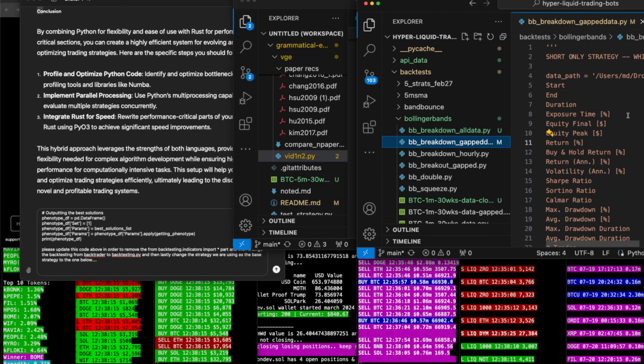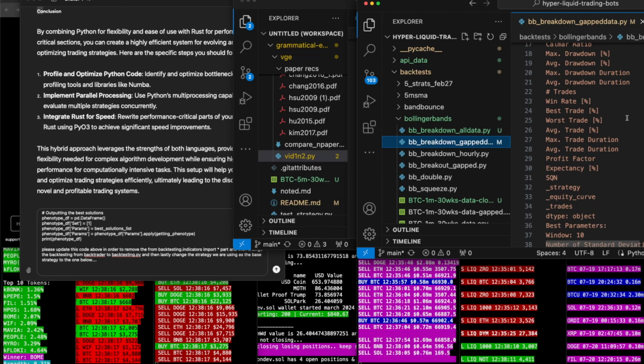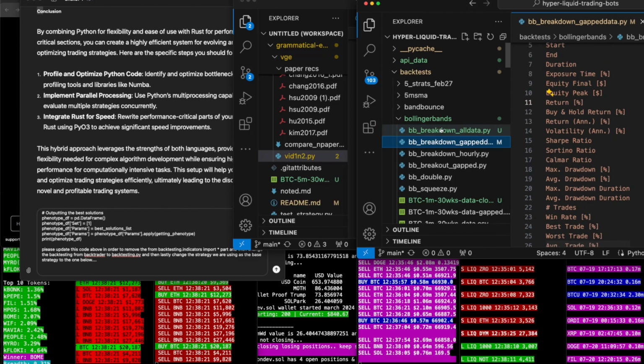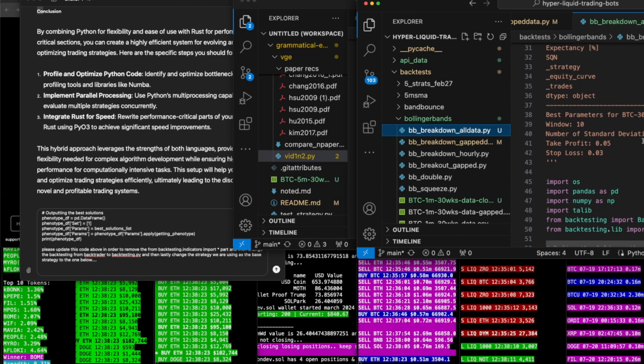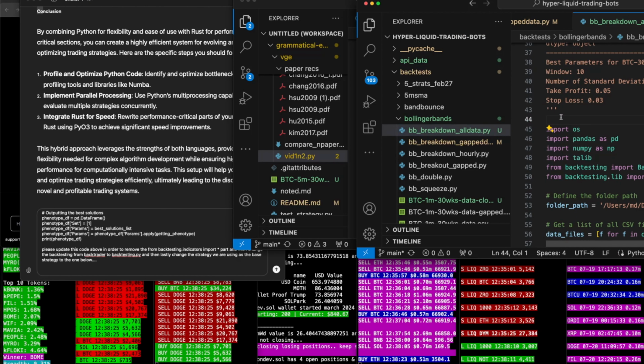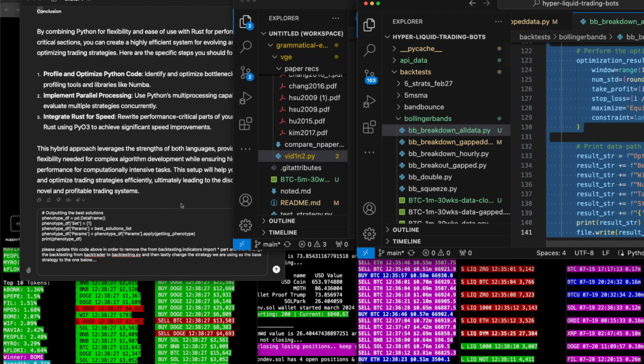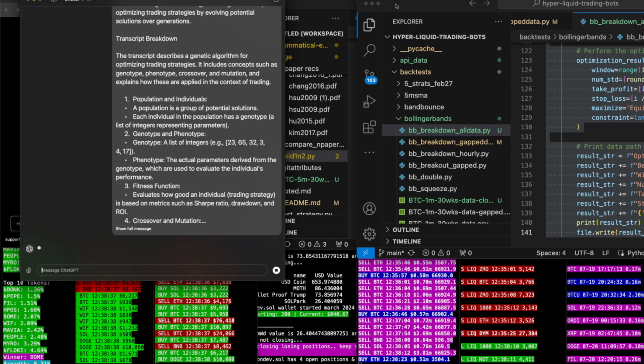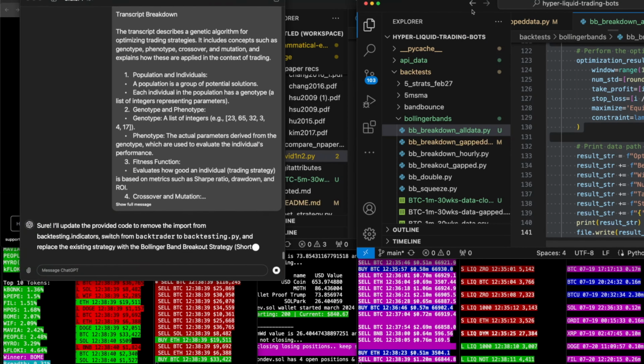This is our best one, at least out of the ones I picked. I just don't really want to do it on gap data, so I'm just going to use this strategy. I don't even know what it is. Here is the strategy we want to work from. So okay, now I get this out of here.